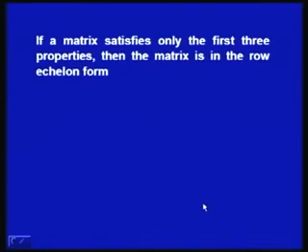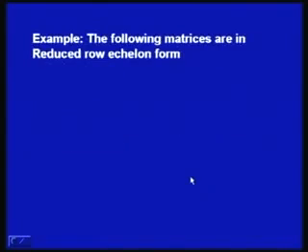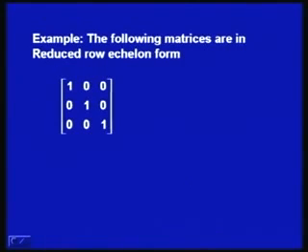Now, many times a matrix satisfies only the first 3 properties, and then the matrix is not in the row echelon form. This I will explain with examples. Like this matrix, a 3 by 3 matrix, is in row reduced echelon form, as it satisfies all the properties, the staircase pattern.